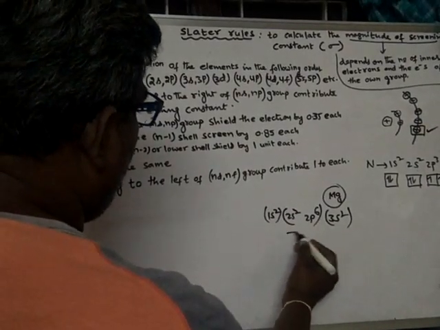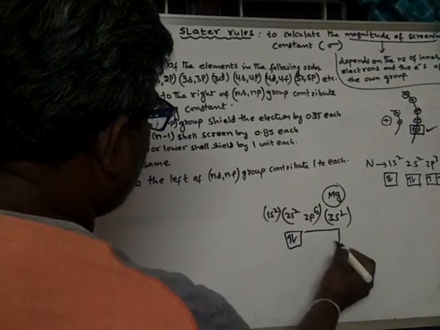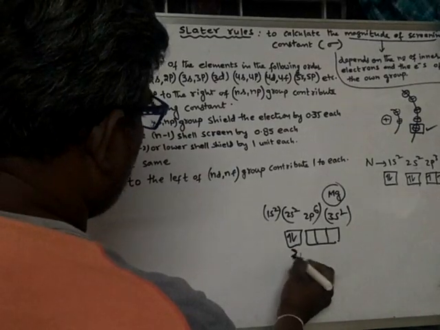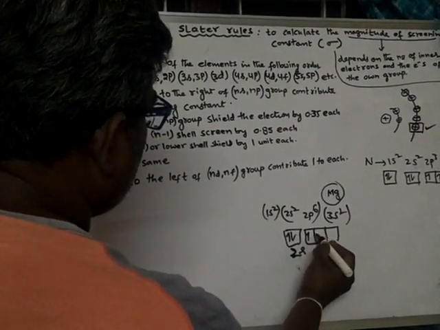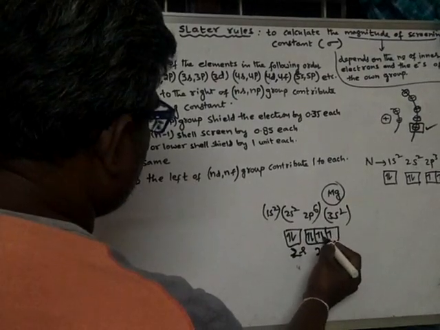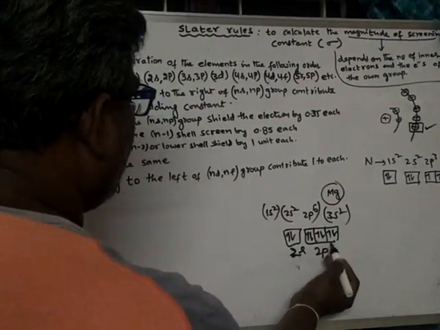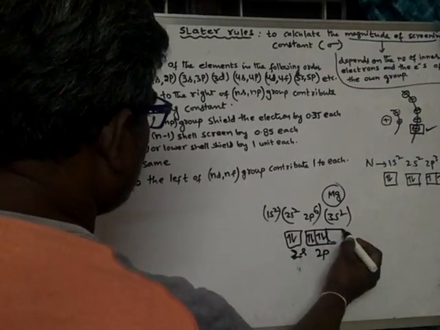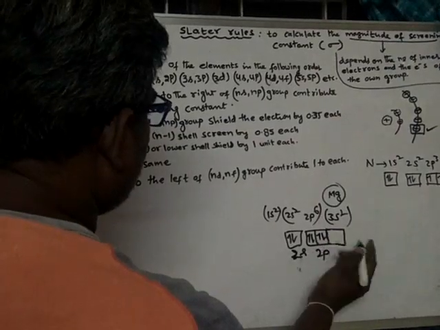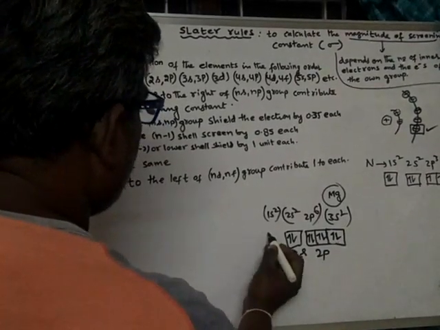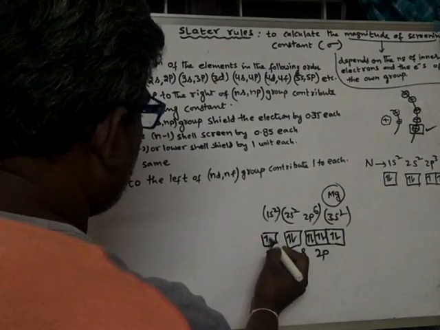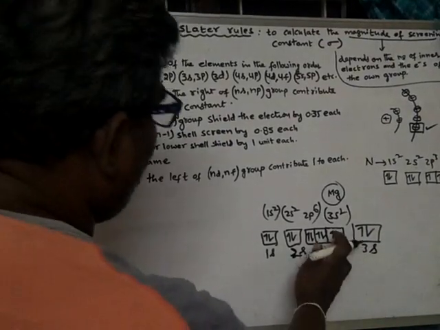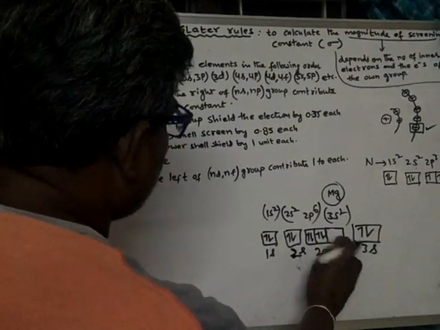Suppose 2 electrons are present in 2s and 6 electrons in 2p. These are the 6 electrons. Now I need to find the screening constant on this electron. This is 1s electrons, and these are 3s electrons.